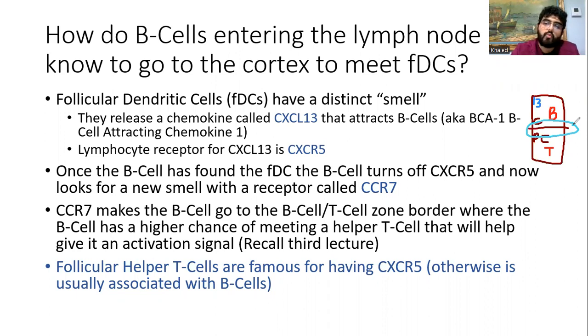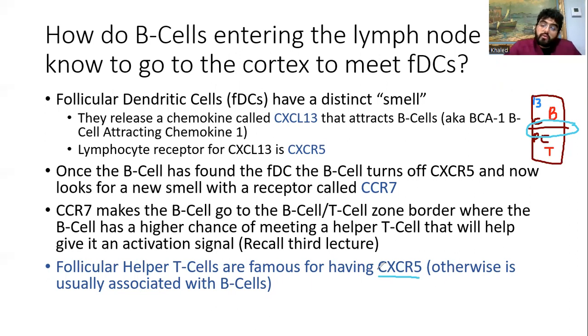Follicular helper T cells are one type of CD4 cell that is famous for having CXCR5. So if it has CXCR5, what might you be able to predict about its activity? You might predict that if it has CXCR5, it likes to smell CXCL13 from the follicular dendritic cell.